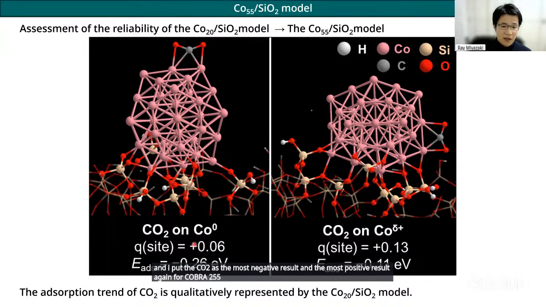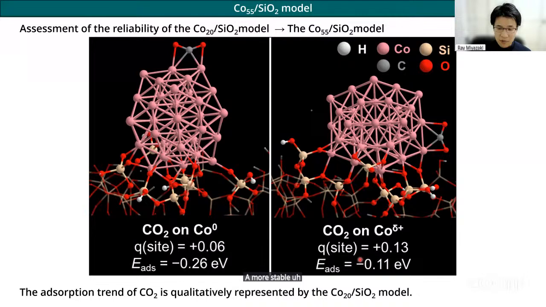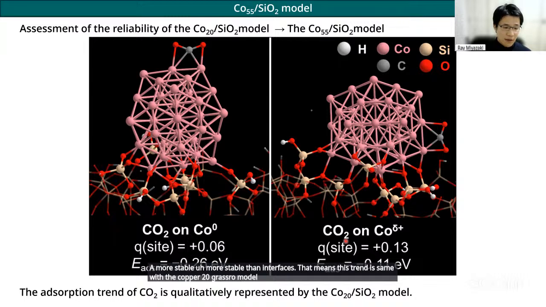As you can see here, the CO2 adsorption energy at the metallic cobalt site is more stable than at the interfacial site. That means this trend is the same as with the cobalt-20 cluster model. So the adsorption trend of CO2 is represented qualitatively, though not quantitatively, by the cobalt-20 cluster model.